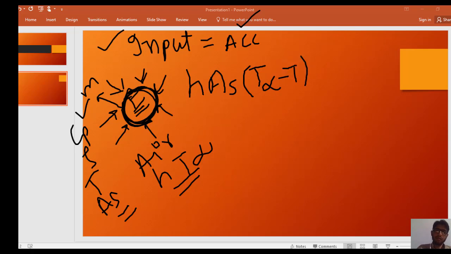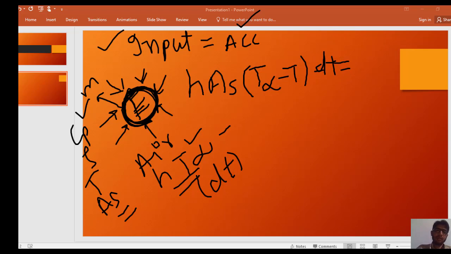T infinity is the temperature of the surrounding and T is the temperature of our system. The heat entering the system during time dt is equal to h AS times the temperature difference between surrounding and system times dt, the change in time.